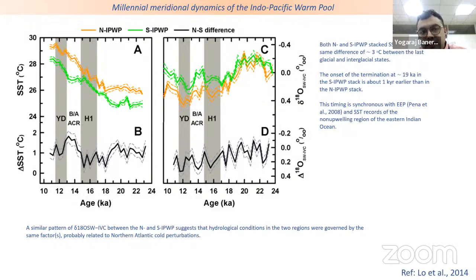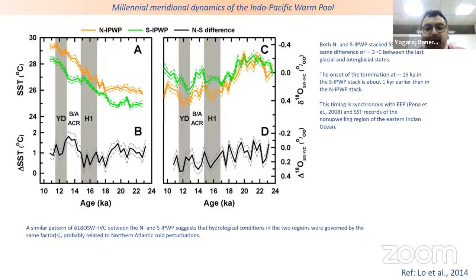And then there is a very interesting fact: the onset of termination happened around 19 kilo year at the southern part of the Indo-Pacific warm pool, which is around 1 kilo year earlier than the northern part, at least as these stack records are showing.